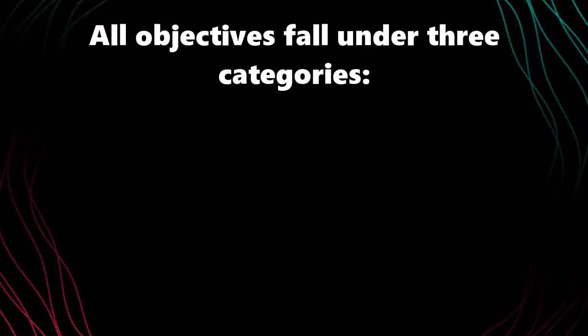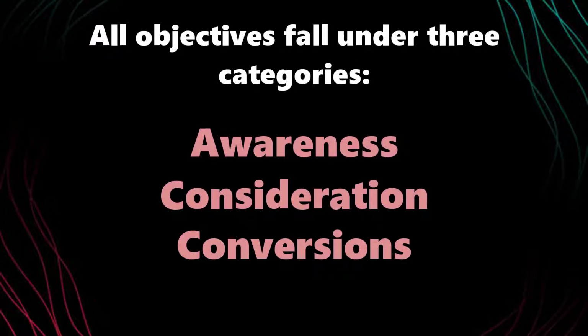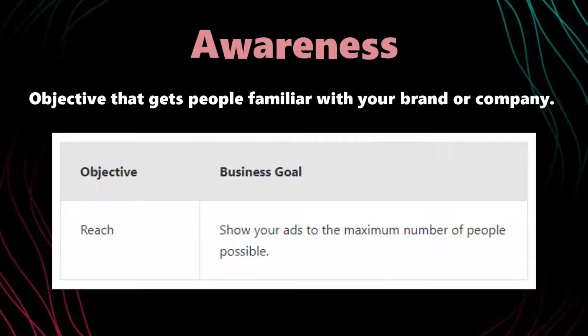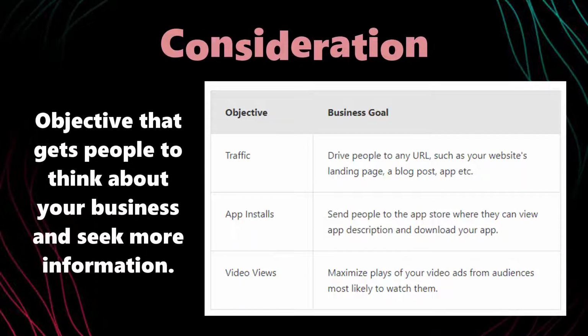All objectives fall under three categories: awareness, consideration, and conversion. Awareness is an objective that gets people familiar with your brand or company. Consideration is an objective that gets people to think about your business and seek more information.